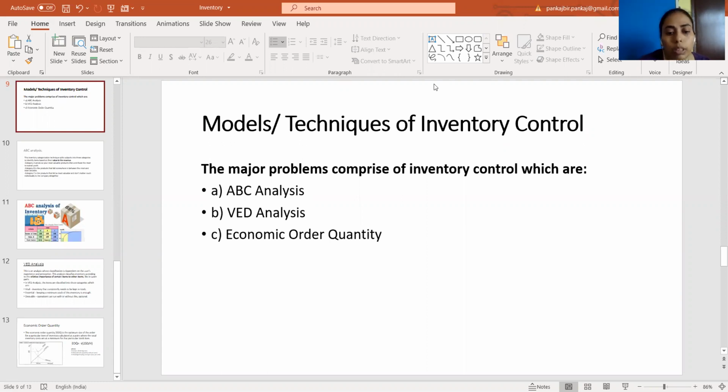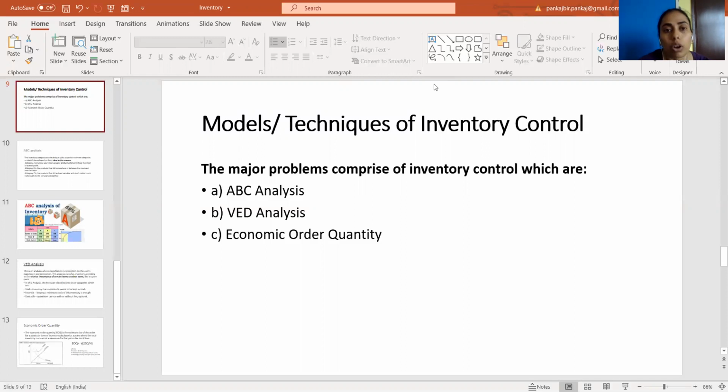There are two basic problems related to inventory: how to classify them, how to segregate them, to decide what kind of inventory is most important for us and which is less important. And the second main problem is the amount, which describes how much to order of a commodity.